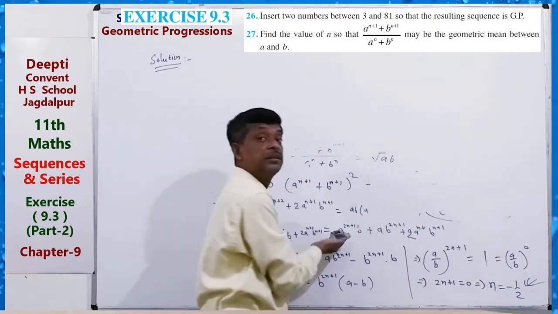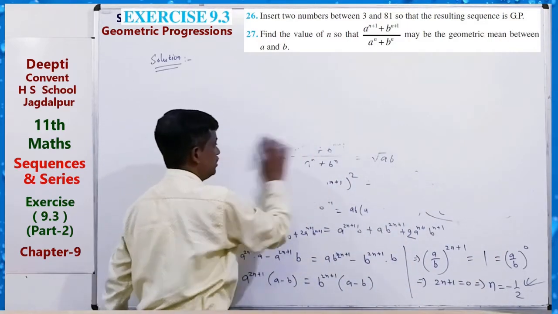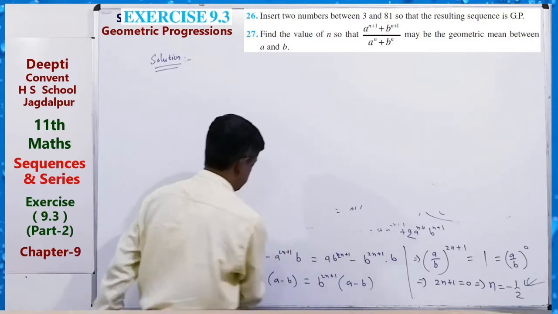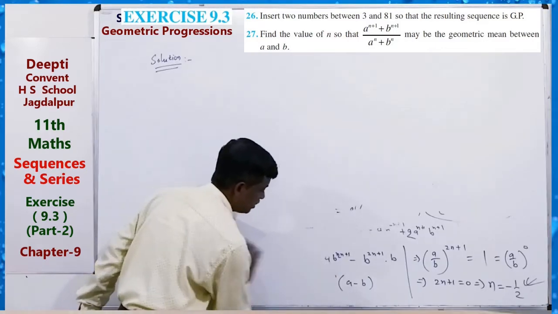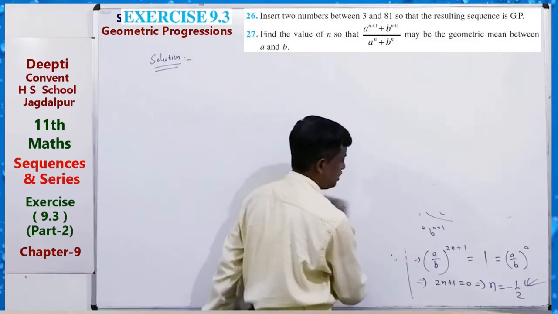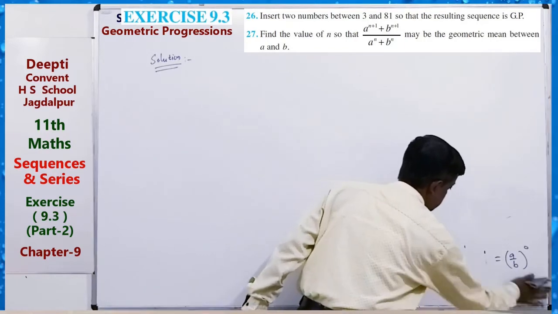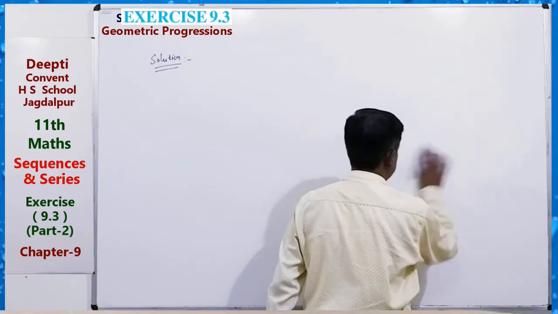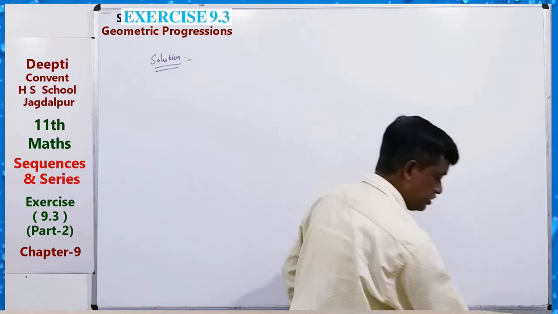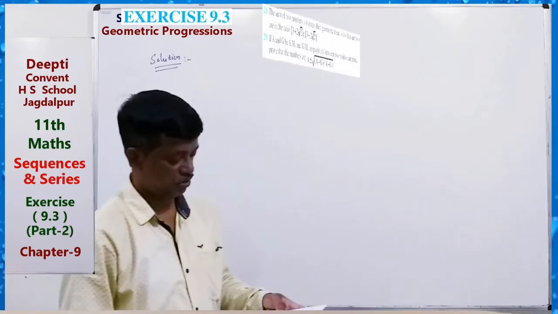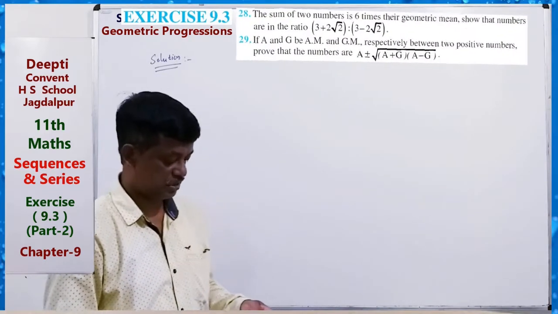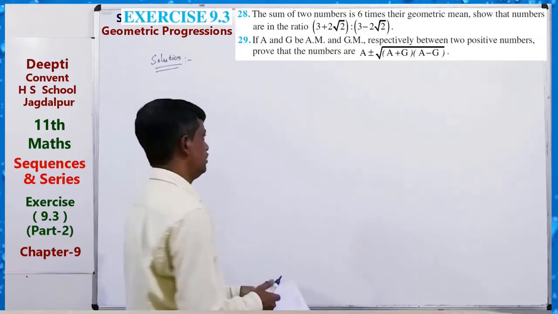How can you get the numbers? Because arithmetic mean and geometric mean are given. Here one thing is given, that the sum of two numbers is 6 times the geometric mean.